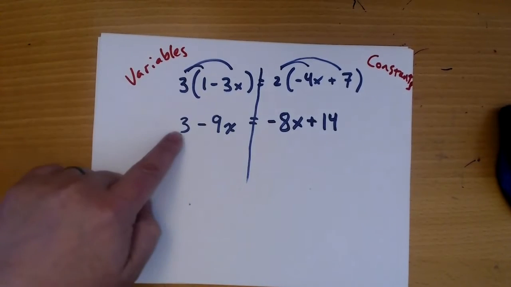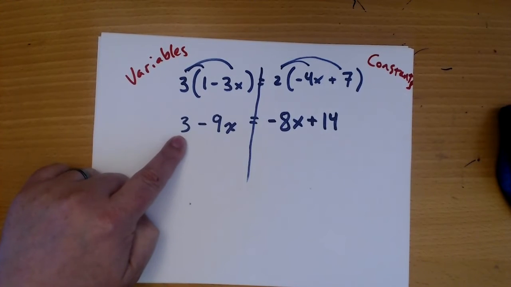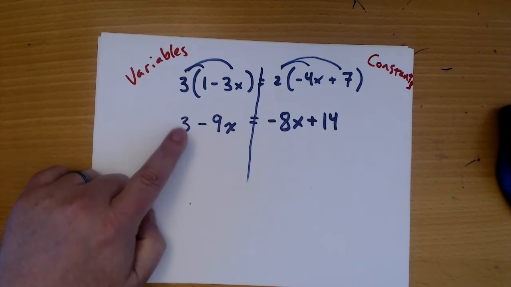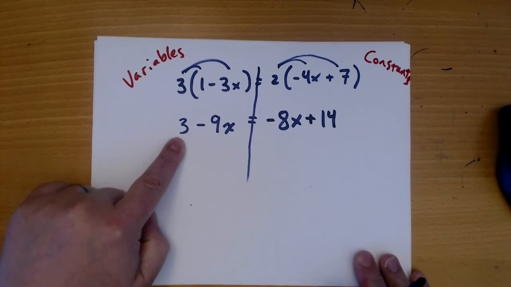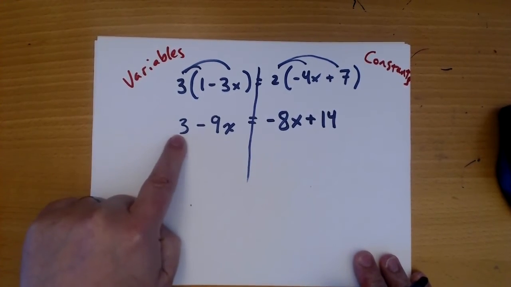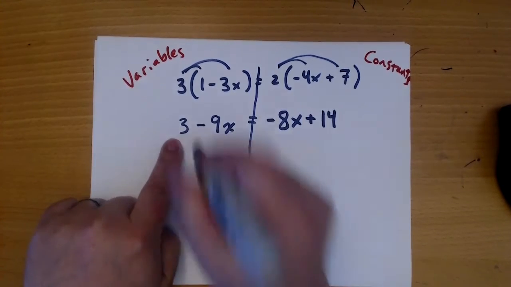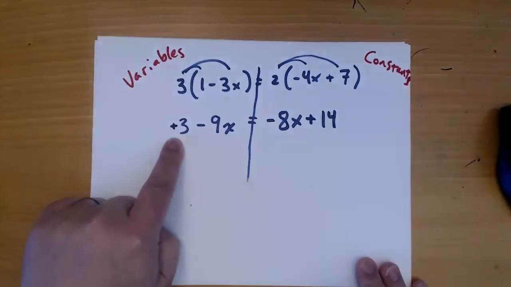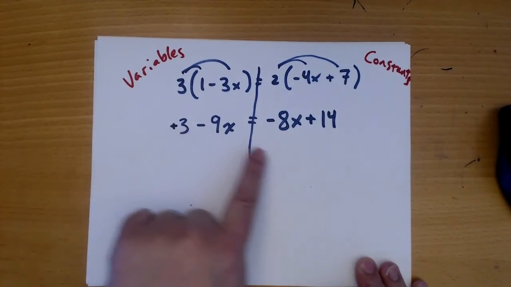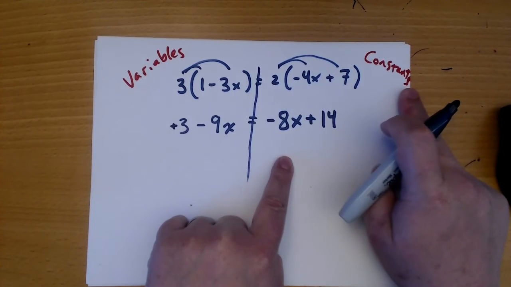So this is a constant. It's not where it's supposed to be. So let's move him. This right now is a +3, right? So we move it over to the constant side where it belongs.